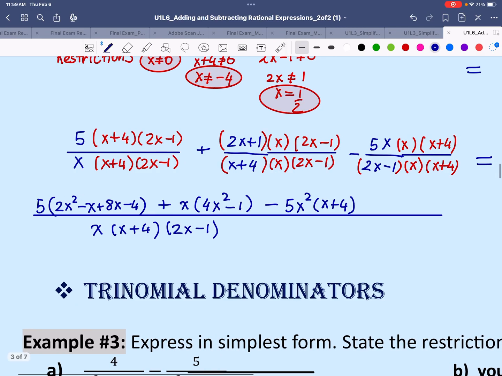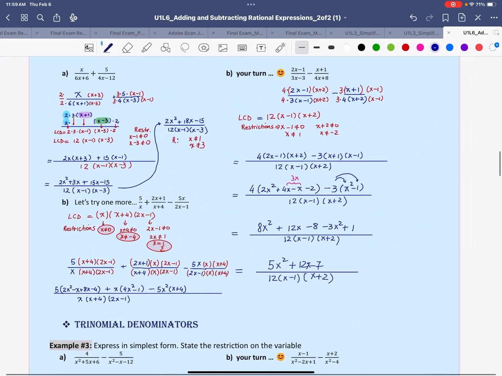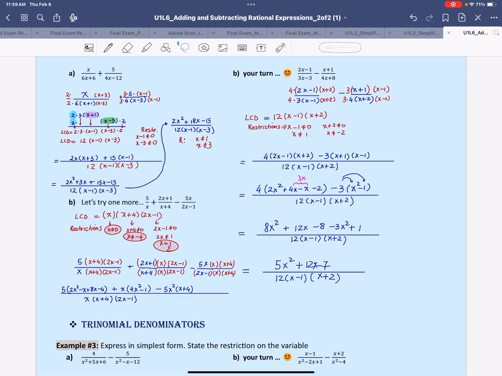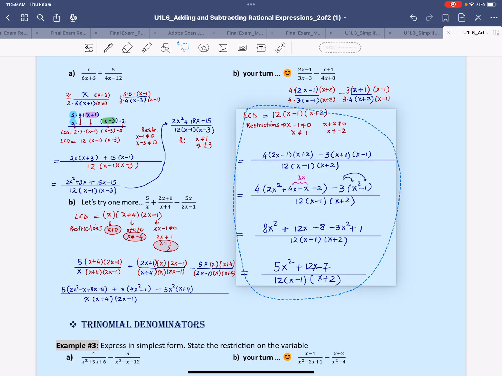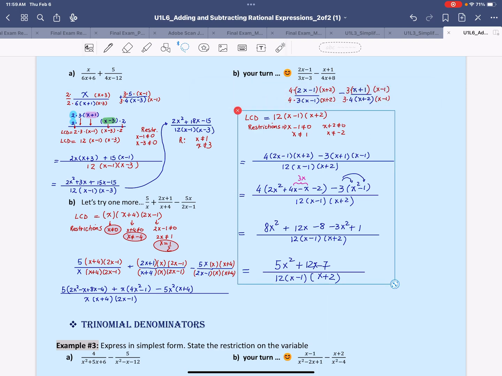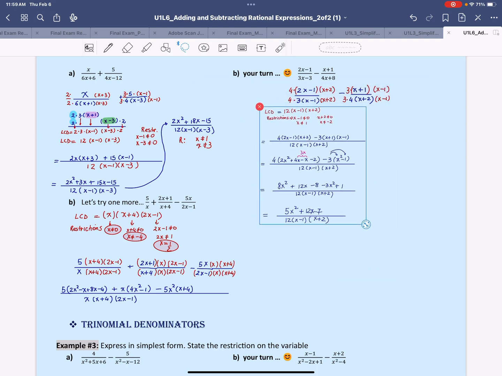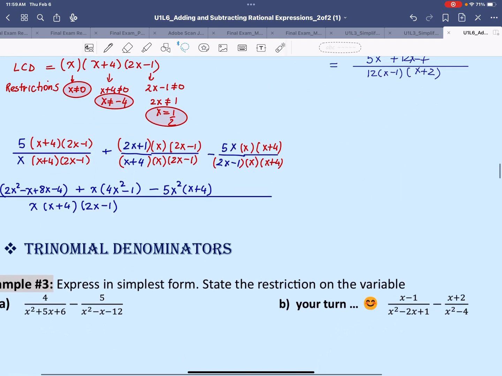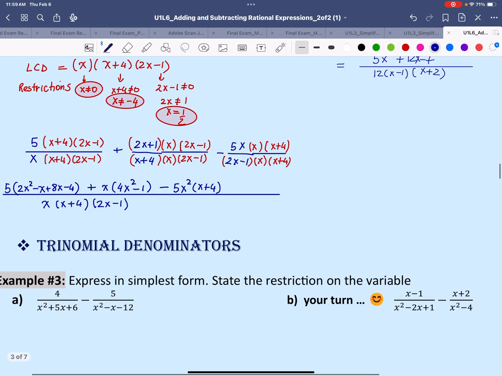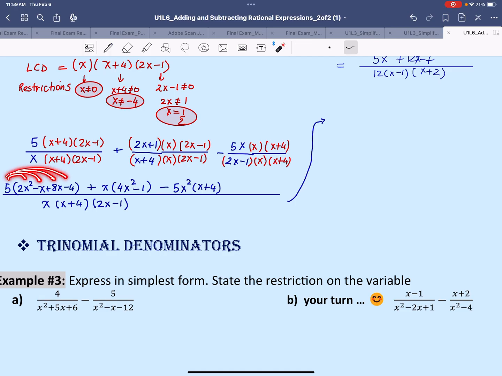So here we are. I'm going to make this a little bit smaller so that we can have enough room in here to continue our simplification. Sorry about this, it will take a second. And we'll continue our simplification down here. So we are going to expand 5 by all the terms in here.